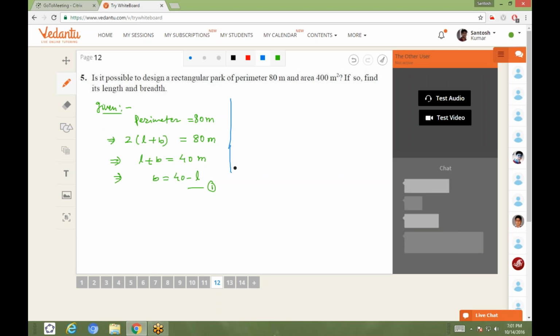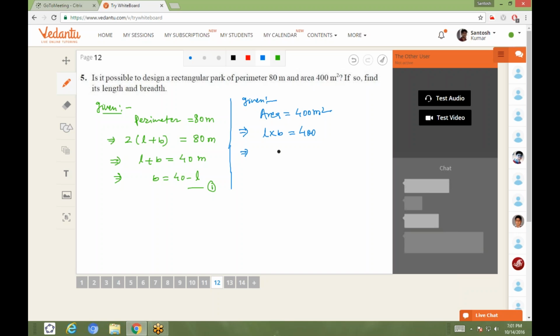It is also given that the area is equal to 400 meters square. So area is L into B equal to 400 meters square.